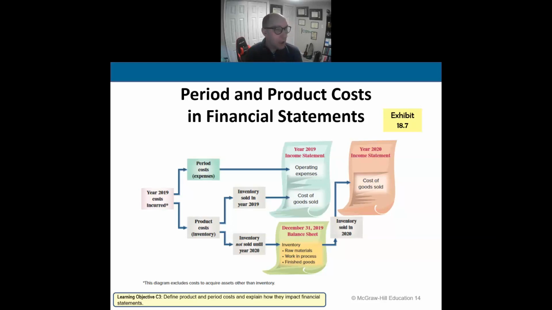Cost of goods sold is the cost of the product that we sold. If we have not yet sold those cars, we allocate the cost to the balance sheet as inventory. Remember, inventory is what we have available for sale.